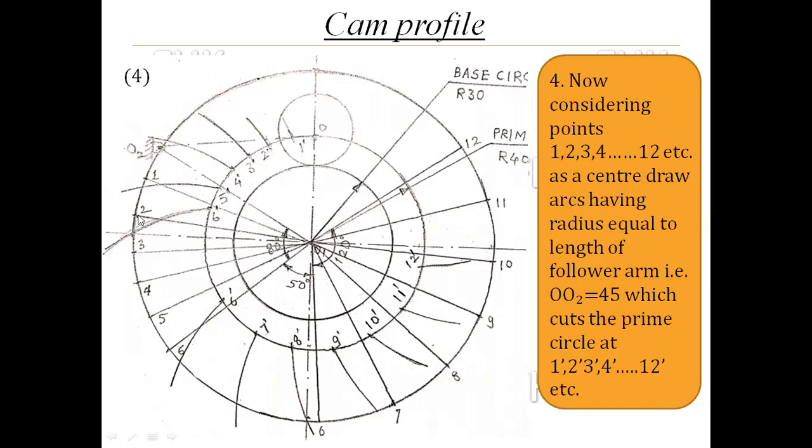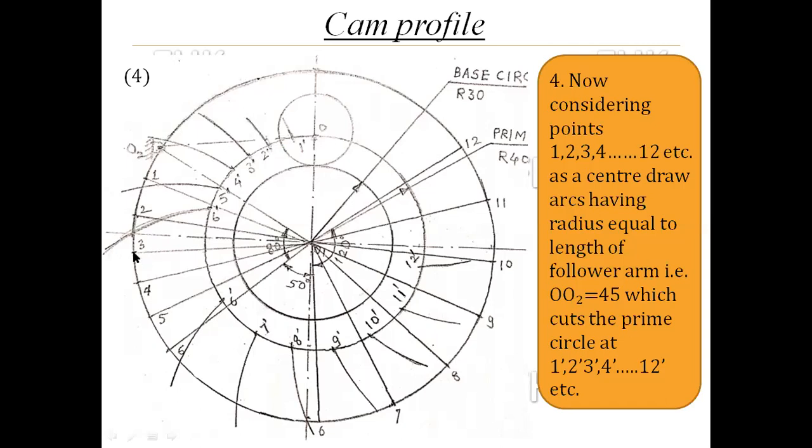Now 2 as a center, the same distance in the compass, that distance is not changing. So don't change the distance in the compass throughout the procedure. Okay, 2 as a center, 45 mm in the compass, cut the prime circle at point 2 dash and draw the arc.